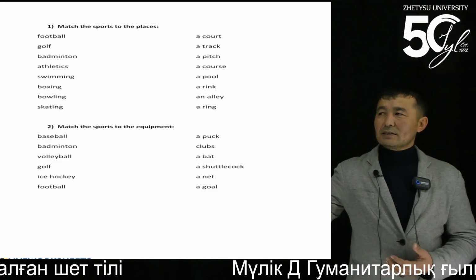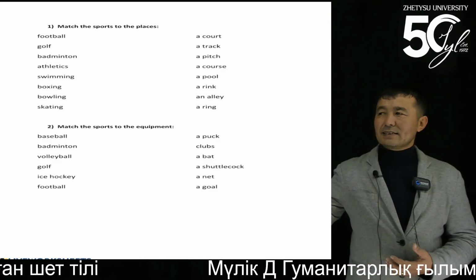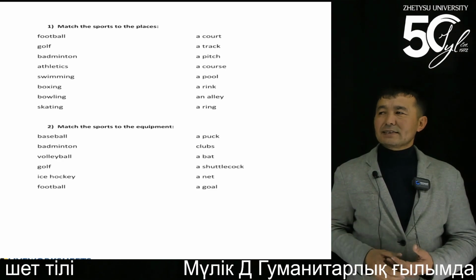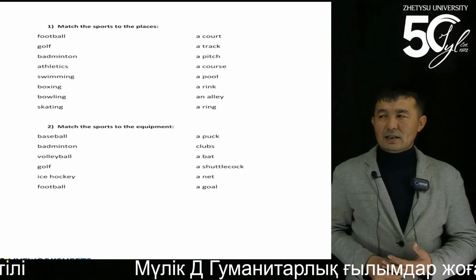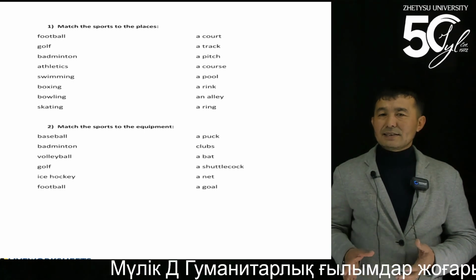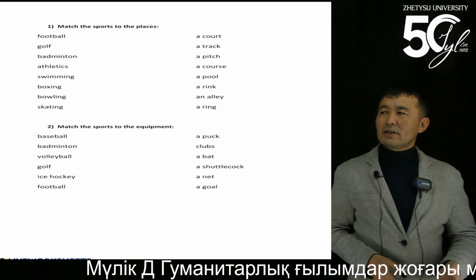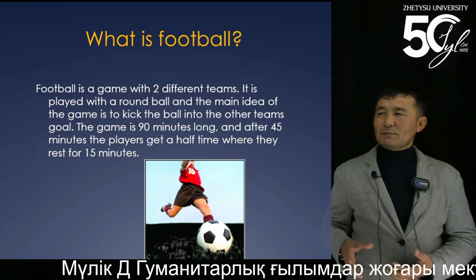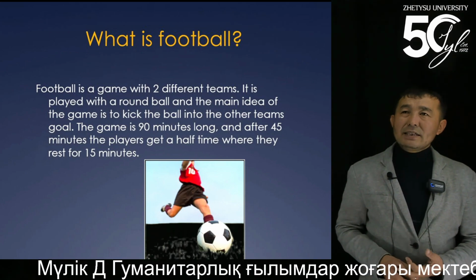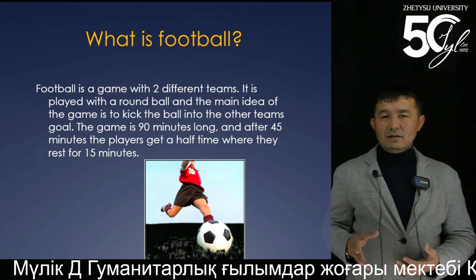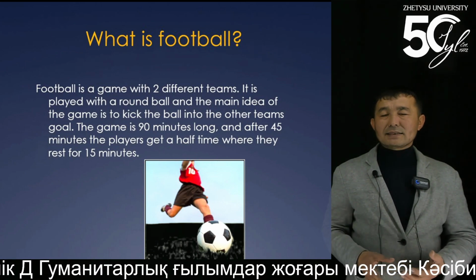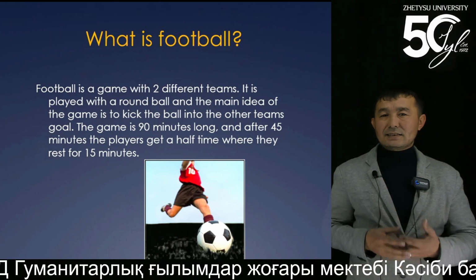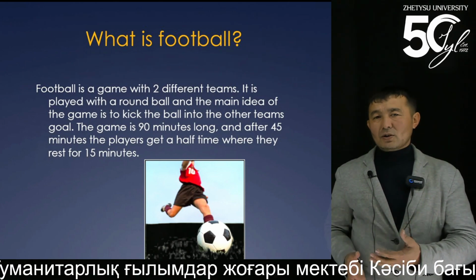For example, the first column is the types of sport, and the next one is the places and the equipment of sport, and you can find this vocabulary. Okay, next. Here every one of your group must present one sport type.